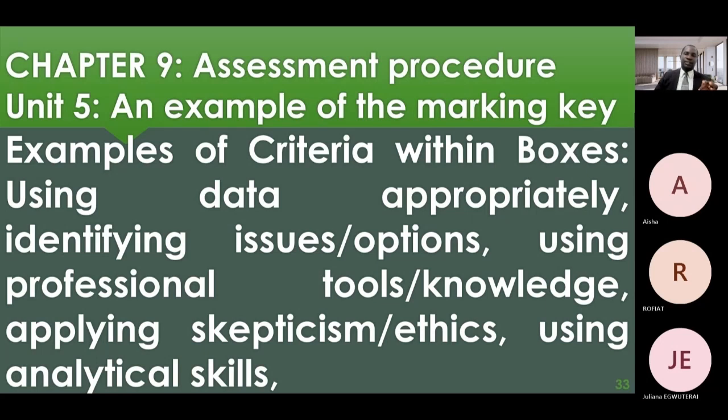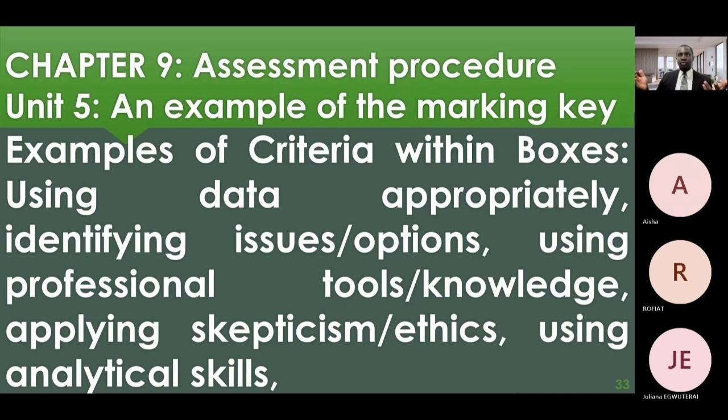So examples of the criteria within the boxes, you need to use data appropriately. So that's what Julie just asked me now. So the first header, use data appropriately. Using data and information, that's the first box. Data and information, use it appropriately. Number 2, identify issues and options.